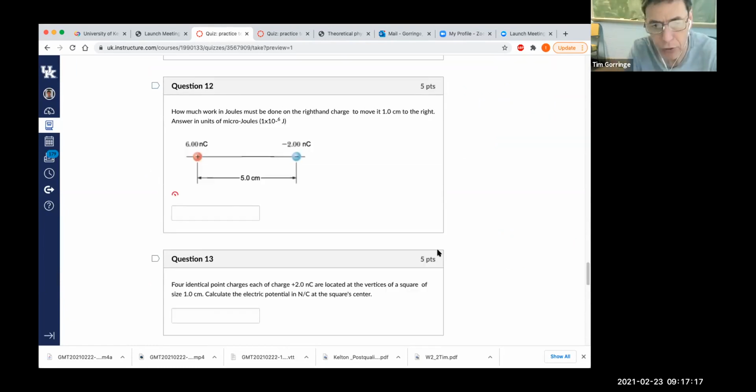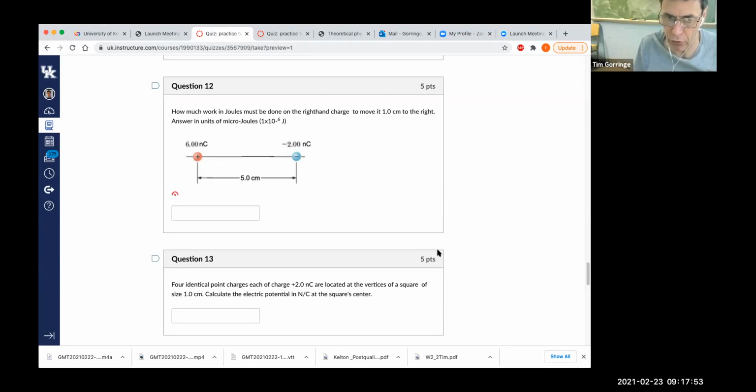Okay, question number 12. In question number 12, we got two charges, a positive 6 nanocoulomb charge on the left, a negative 2 nanocoulomb charge on the right. We are told that we move the right-hand charge by 1 centimeter further away from the left-hand charge. And we've got to figure out how much work we do in joules. So these two charges are attracting one another.